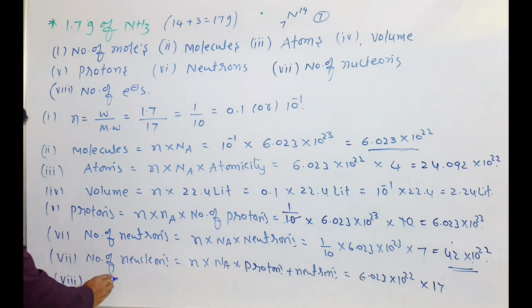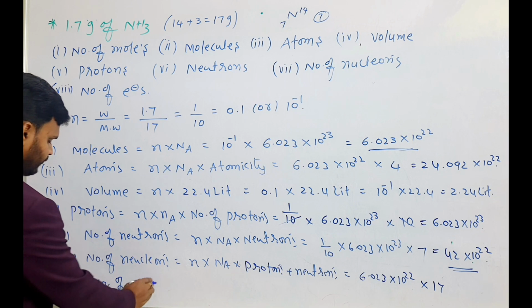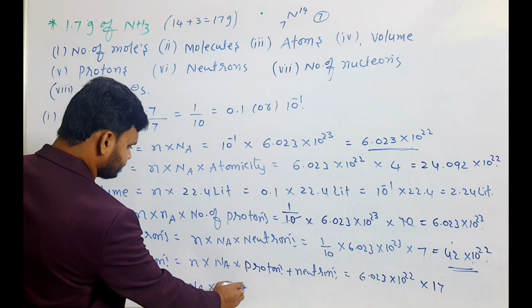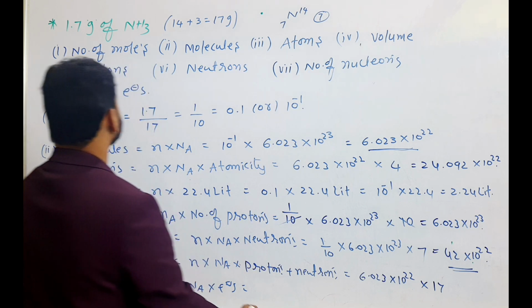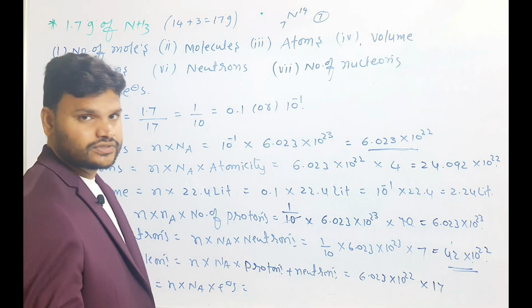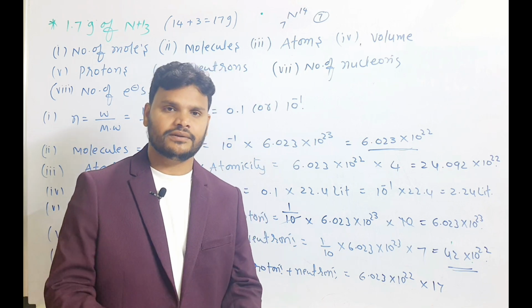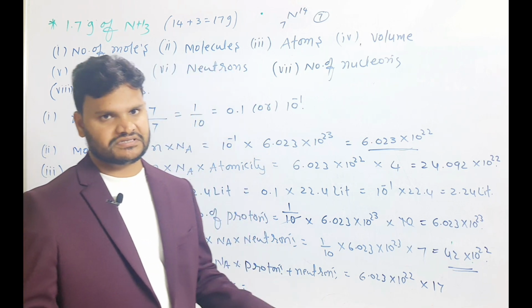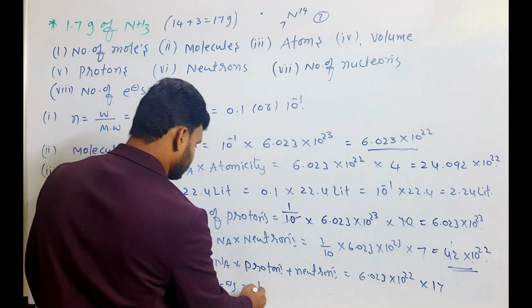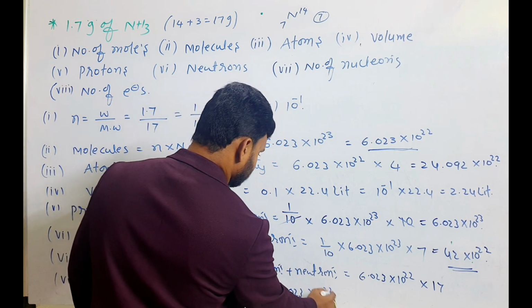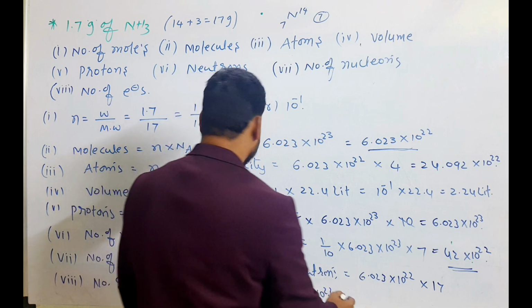Number of electrons, same formula: n into Na into electrons. How many electrons are there? Electrons are nothing but the atomic number, equal to number of electrons for neutral species. So 1 by 10 into 6.023 into 10 power 23 into total how many electrons?